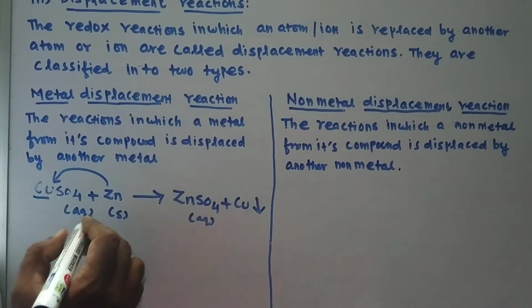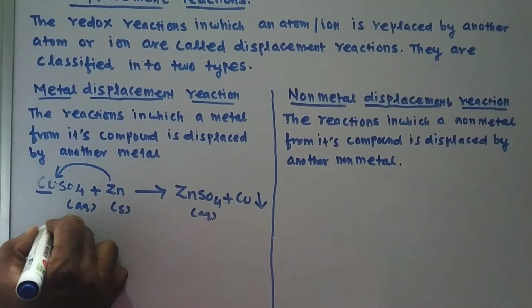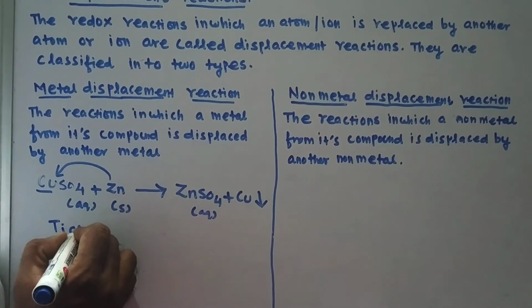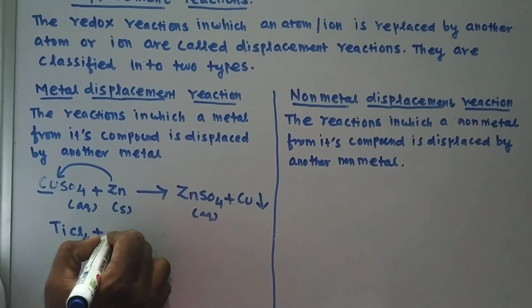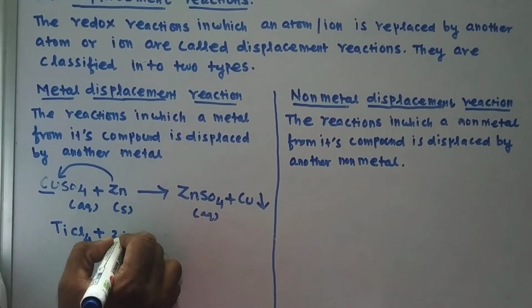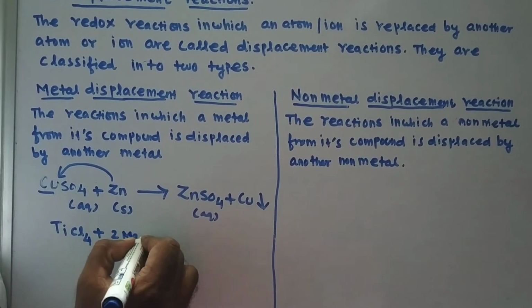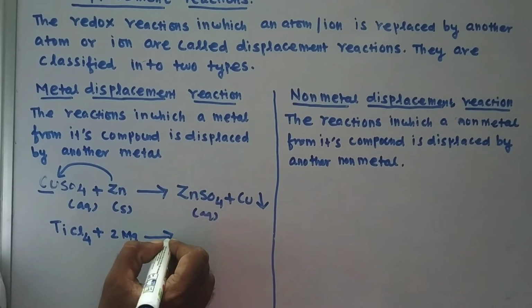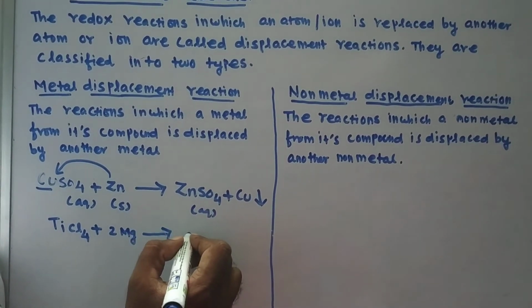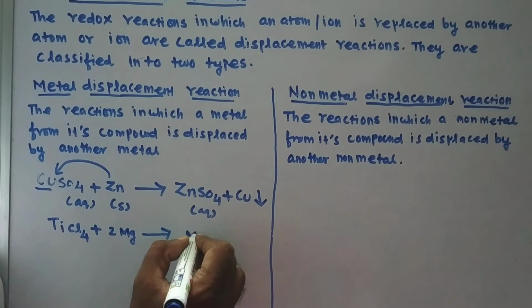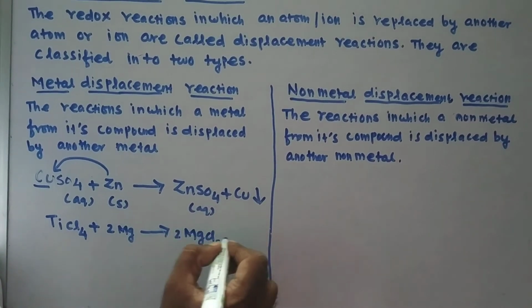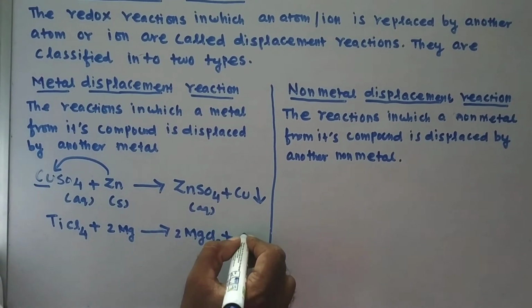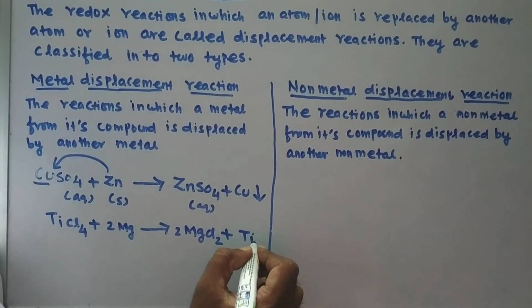Okay, to titanium tetrachloride, if you add magnesium metal, then it becomes magnesium chloride, and it replaces the titanium.